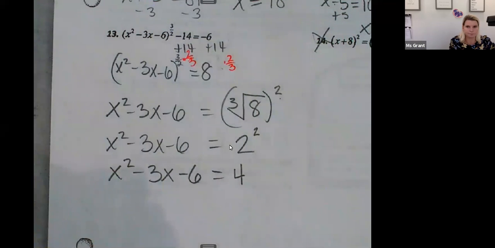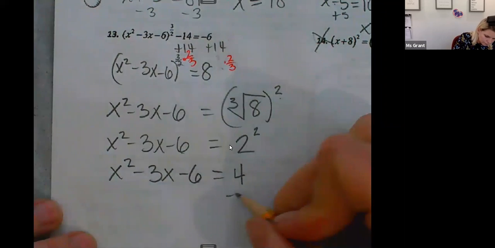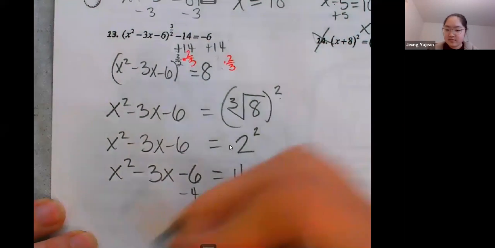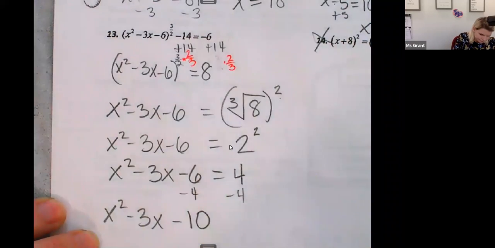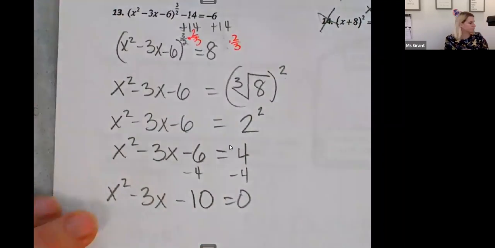So what do I do? You would move the 4 to the other side. Thank you. x squared minus 3x minus 10 equals 0.